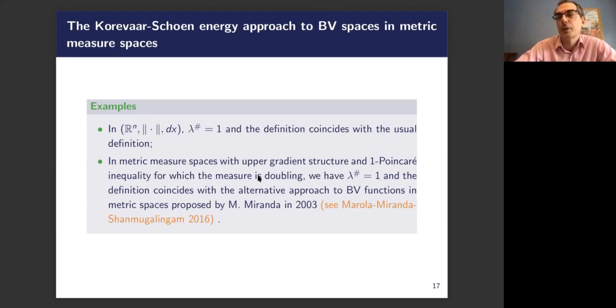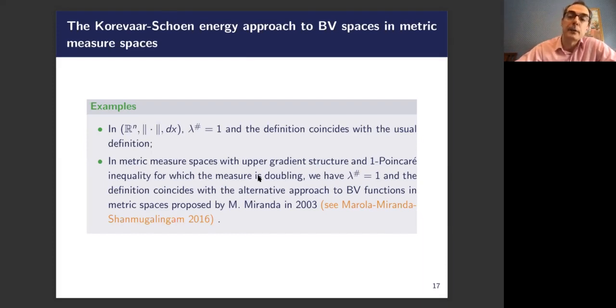I am not going to enter too much into the details here. Metric spaces with upper gradient structures are metric spaces for which there are a lot of rectifiable curves, and for which Lipschitz functions are smooth functions.